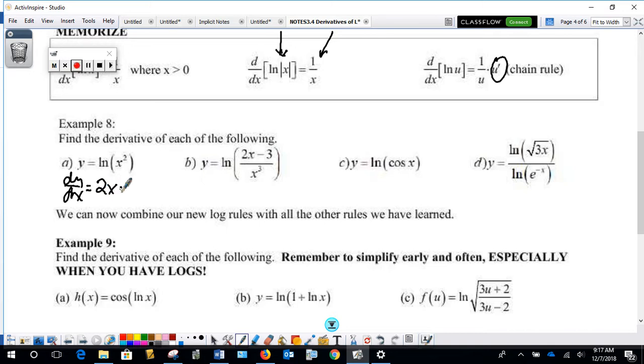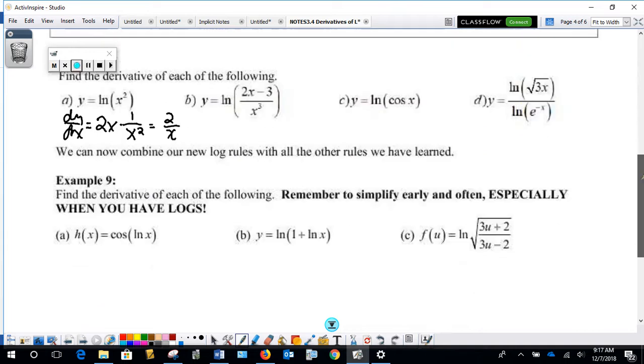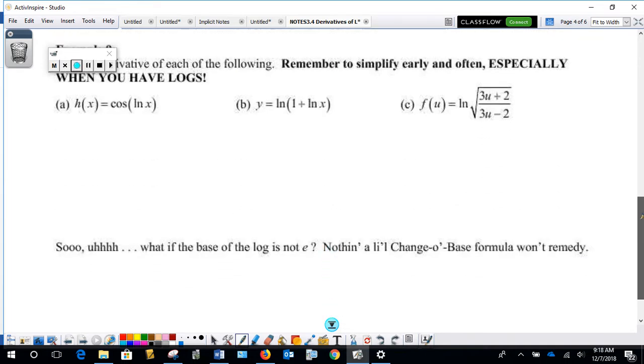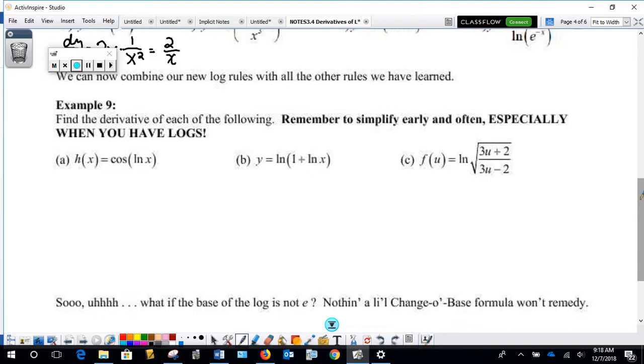What's the derivative of the natural log of g? 1 over x squared, because it's 1 over the g. And then if you want to simplify, you could be like, oh, it's 2 over x. Okay? So same rules for chain rule are going to apply. All right? I'm going to leave you guys to do examples. Basically, whatever I'm skipping, you're going to do for homework to try it.